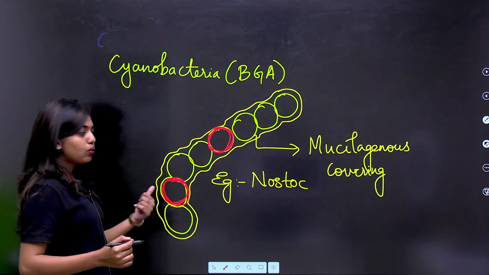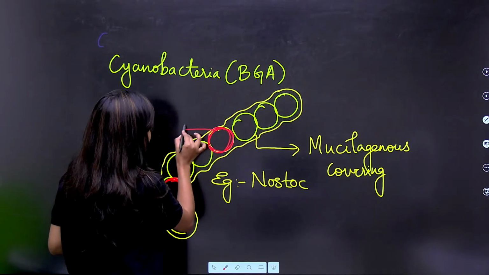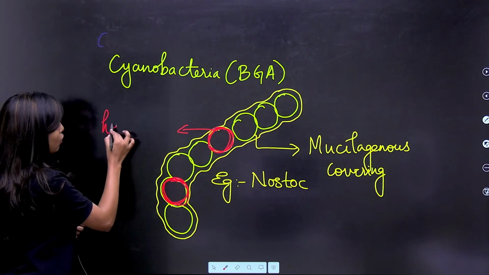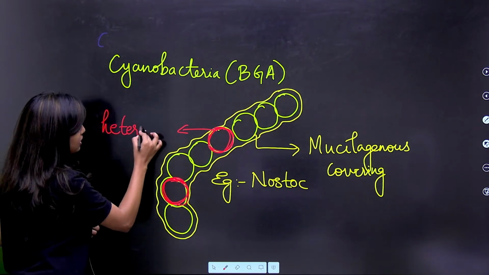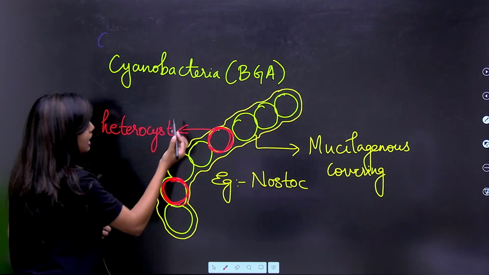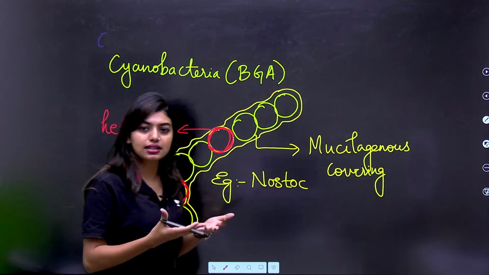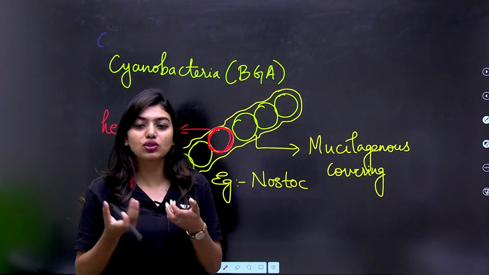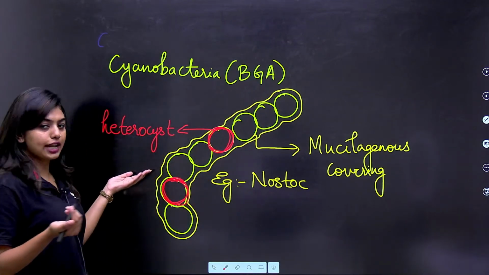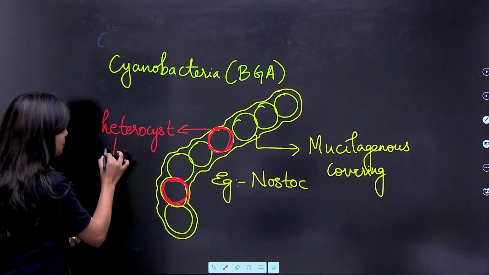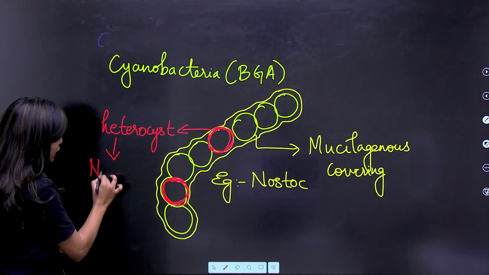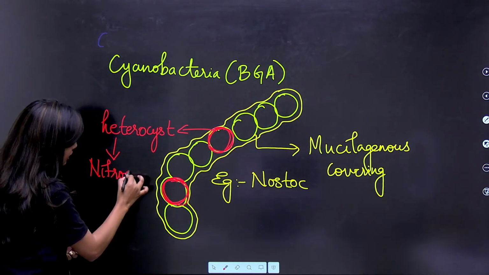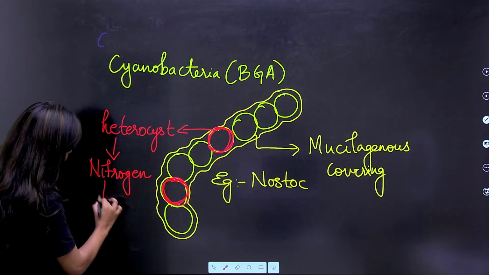These cells are called heterocysts. These are specialized cells which are only seen in cyanobacteria. These heterocyst cells help in nitrogen fixation.